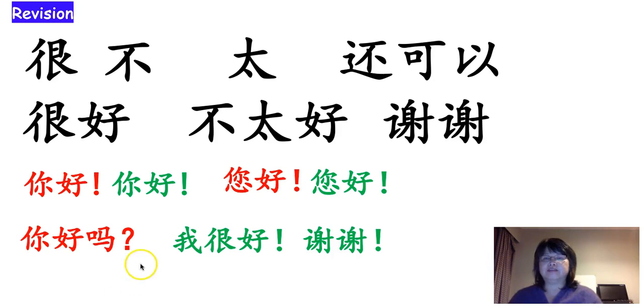Revision, 复习. 这是什么? 这是很. What does 很 mean? 很, very. 这是什么? 这是不.